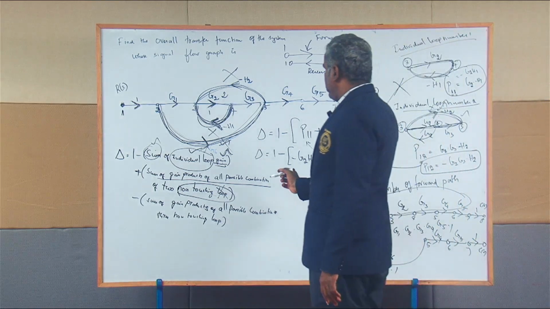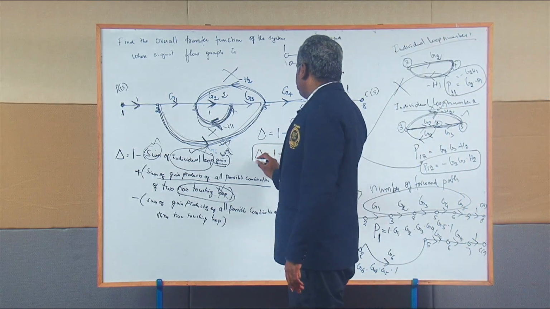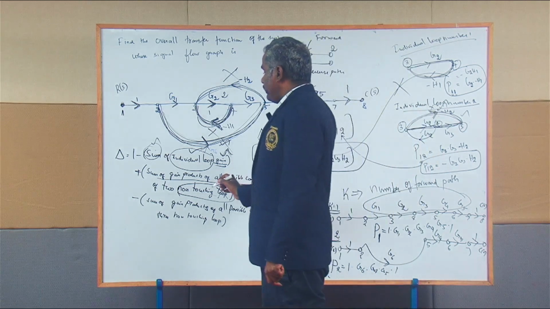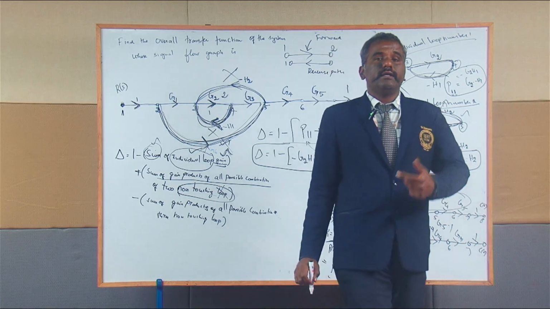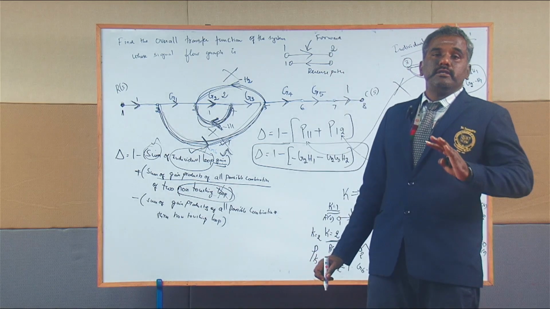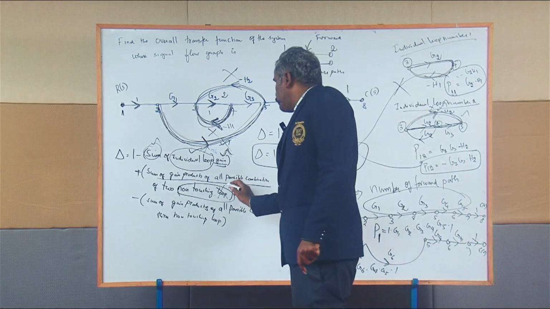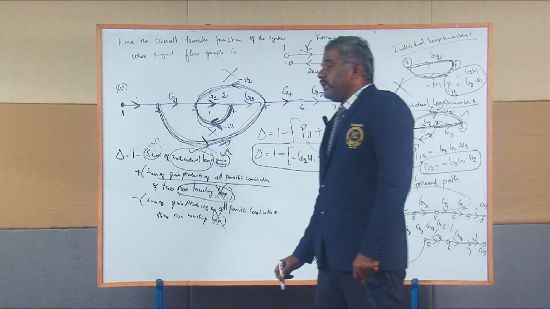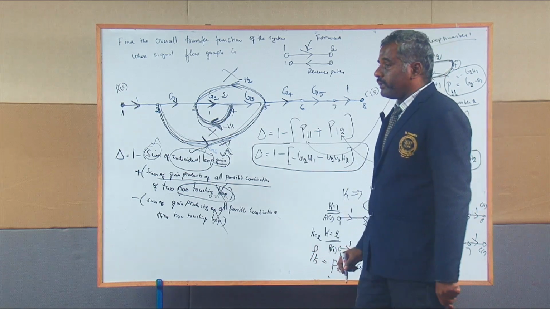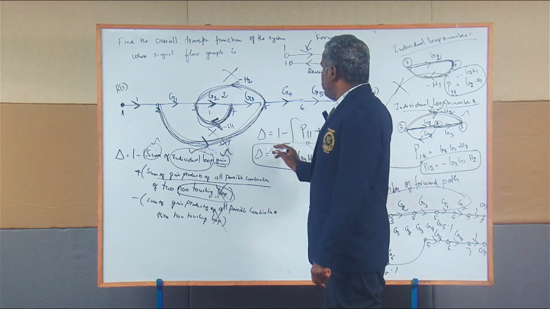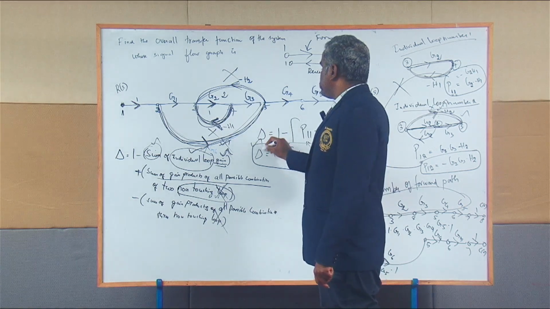So the delta value can be restricted to this alone. If you are not getting two non-touching loops, then there is no possible combination of three non-touching loops. So these two things will never be available in the given signal flow graph. For the above signal flow graph, you may have only this delta value.